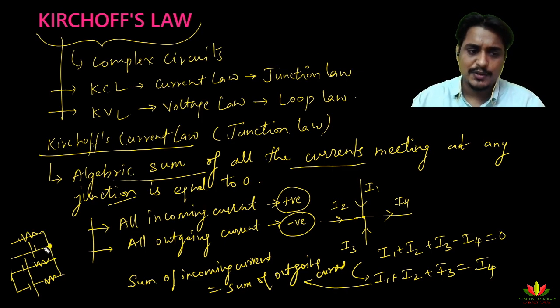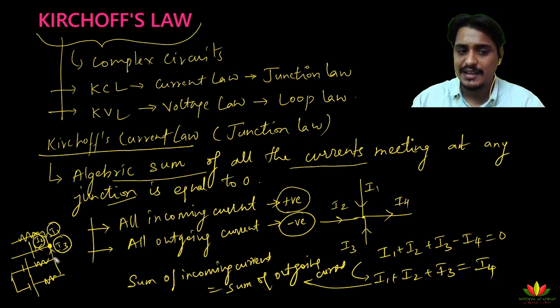If the current going out here is I2, and the currents coming in are I1 and I3, then I1 plus I3 is equal to I2, because the incoming currents at this junction are I1 and I3, and I2 is the outgoing current. So the sum of incoming current is equal to the sum of outgoing current. Or we can even write I1 plus I3 minus I2 is equal to 0, which gives the same result. This is about Kirchhoff's current law, also called the junction law.